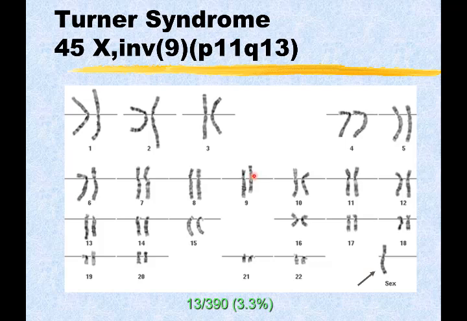In chromosome 9, there was a cut in the short arm, P, and one cut in the long arm, and then it turned, which is called an inversion. Now this is actually not abnormal. It doesn't cause any disease, so there is no clinical significance. Therefore, we call this a polymorphic change.